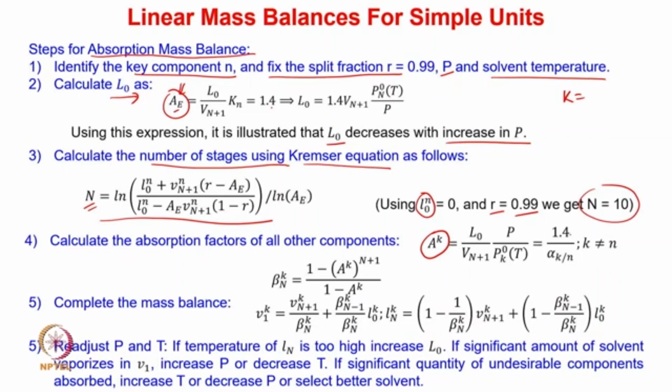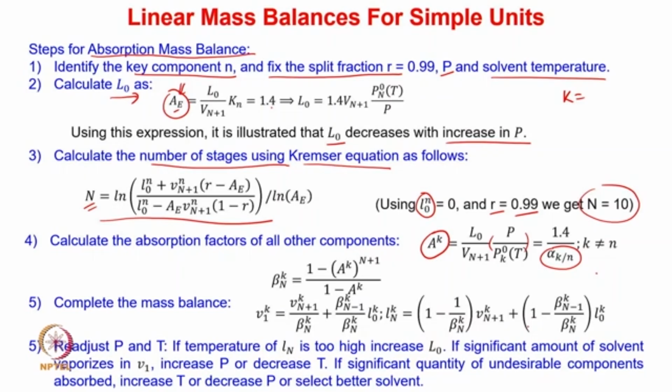And that is given as 1.4 divided by, so see, this particular term can be written as L naught by Vn plus 1 into Kn, we can put 1.4, so the 1 by Kn term will be there, and 1 by Kn term will be nothing but alpha K by N. Okay.